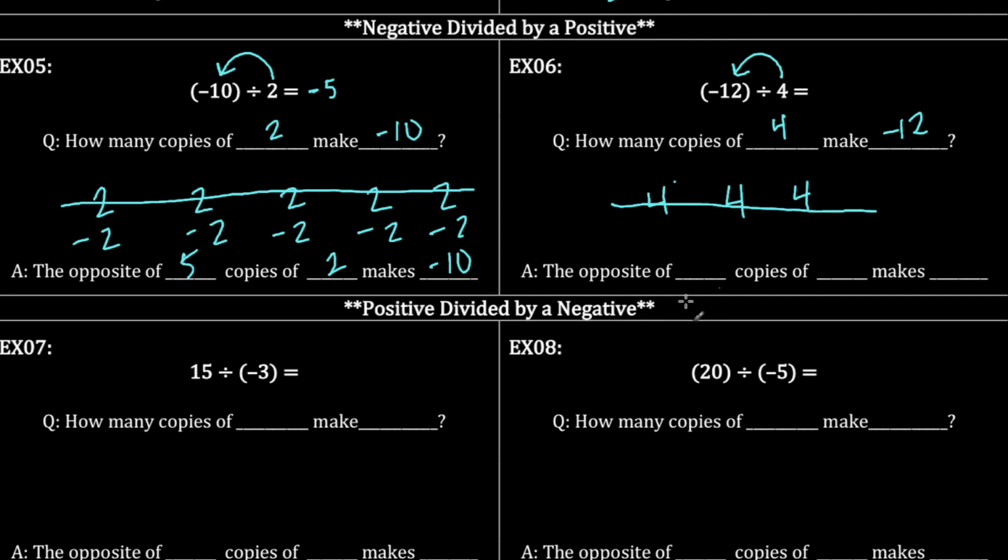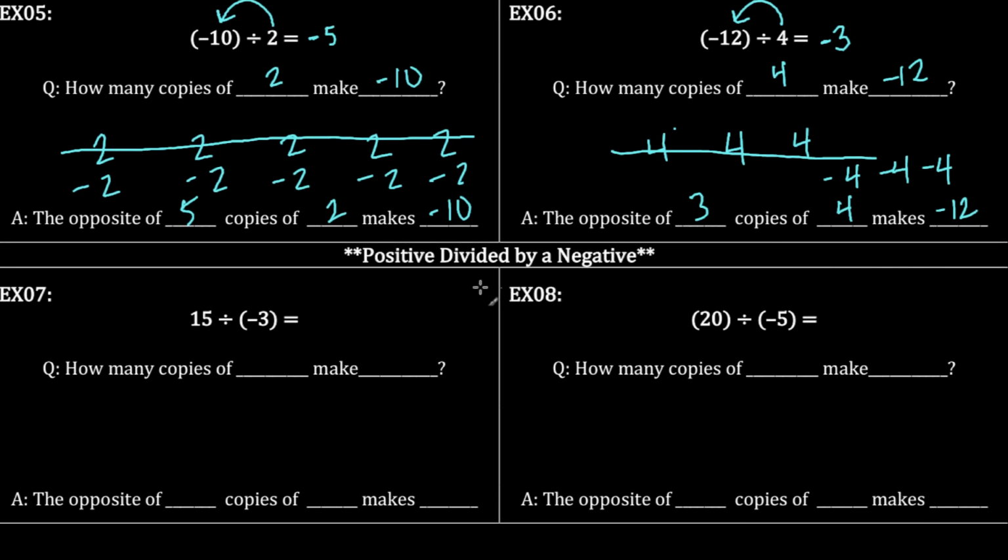So I can't use this. I need -4, -4, -4. So the opposite of 3 copies of 4 makes -12. So -12 divided by 4, 4 fits into it not 3 times, but -3 times.